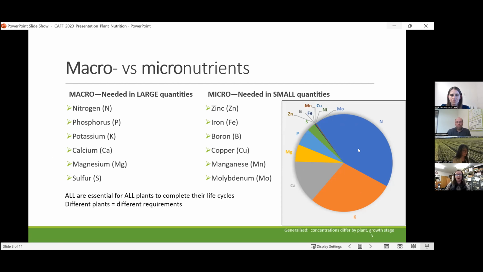All of these, though, are needed for all plants to complete their life cycles. These micronutrients often serve very specialized functions within the plant. For example, boron is really important in pollen tube formation. For a crop like almonds that really depends on good pollination for a good yield, boron is going to be extremely important, although it's only needed in a small amount.